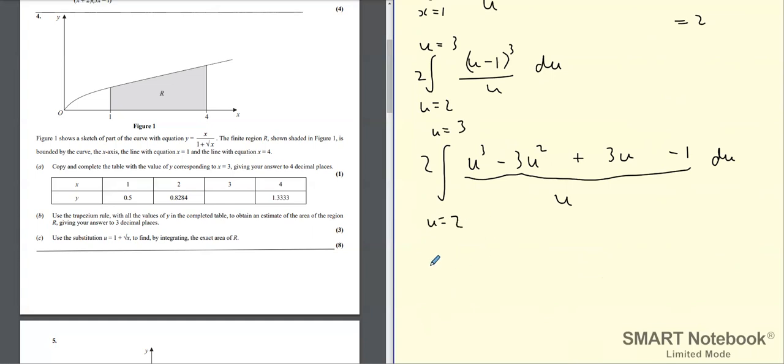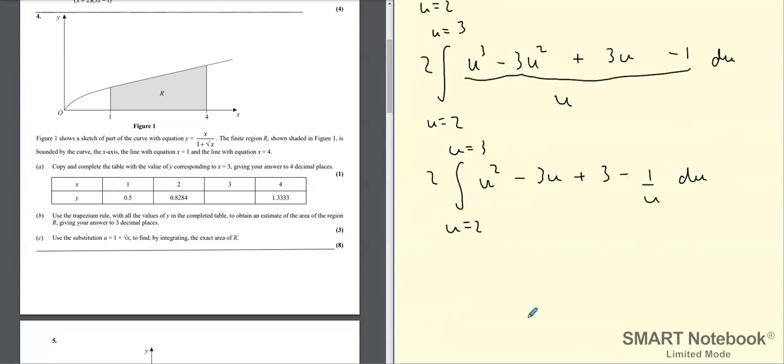So what are we going to do here? Because we've got all of these terms divided by u, it's best to simplify. So u squared minus 3u plus 3 minus 1 over u, du, and your limits are u equals 3 and u equals 2.